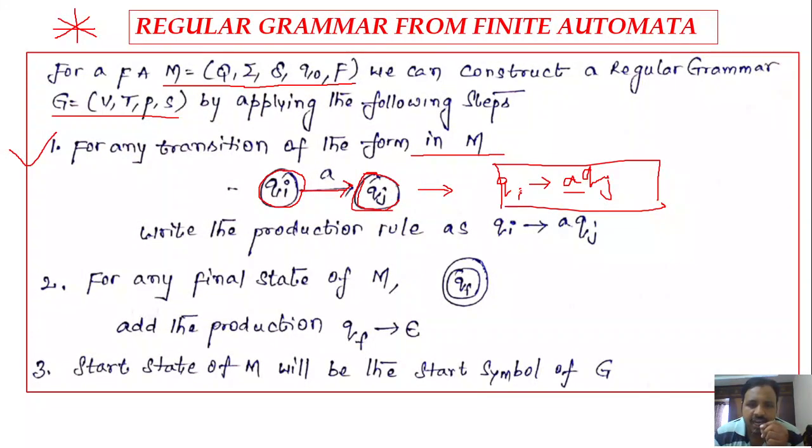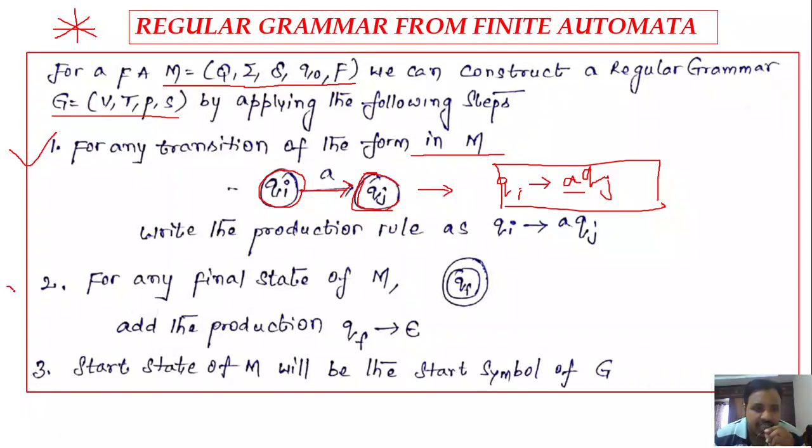So qi denotes small a. What is the state that we are reaching from qi on a? qj. So write that qj. Here we are applying the reverse process. This is how we can write the production rule for each transition.